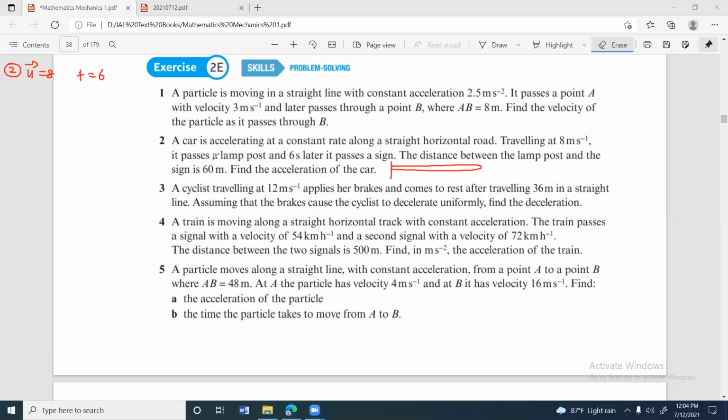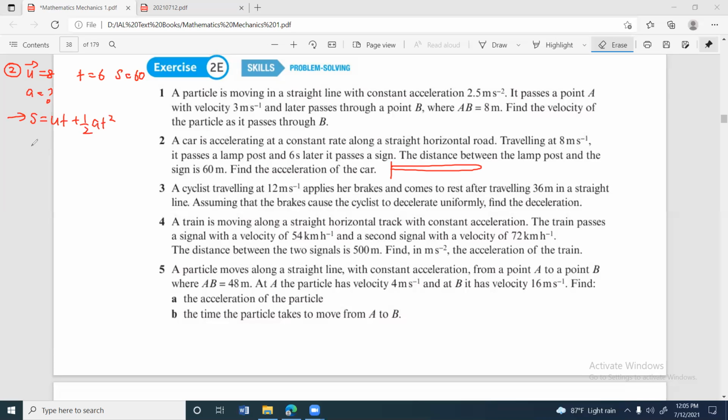The distance between the lamp post and the sign is 60 meters, so S is 60. Find the acceleration of the car. So it's a relationship between S, U, A and T. Simply we can apply S equals UT plus half AT squared.